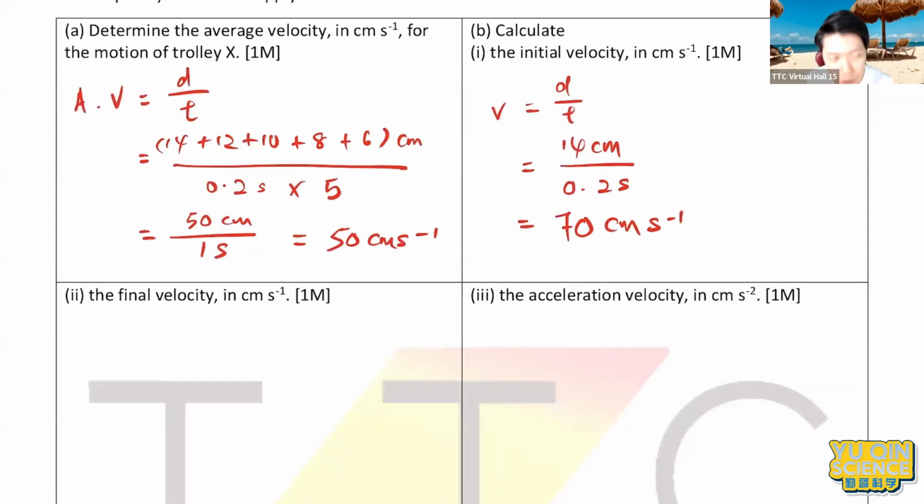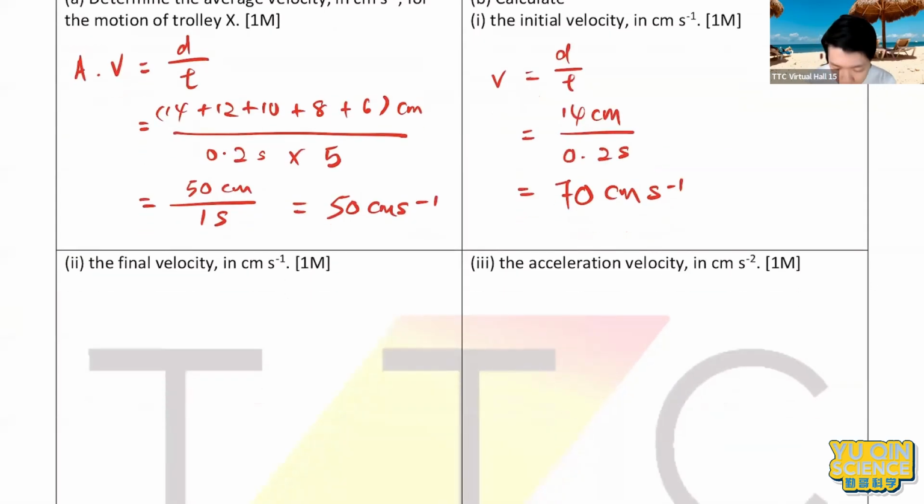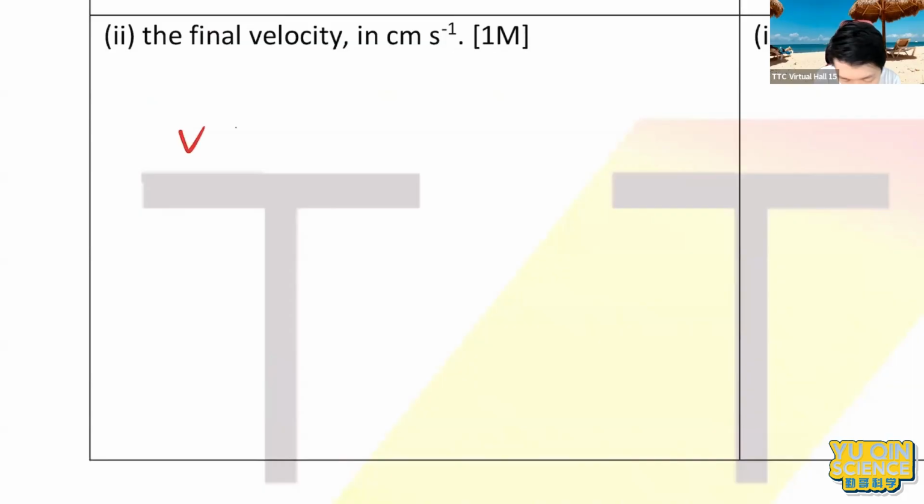Ladies and gentlemen, let's go to number 2. Final velocity is the last strip. Formula first. Displacement over time.